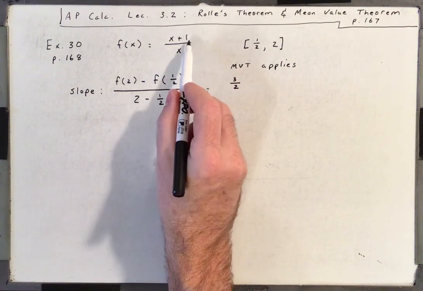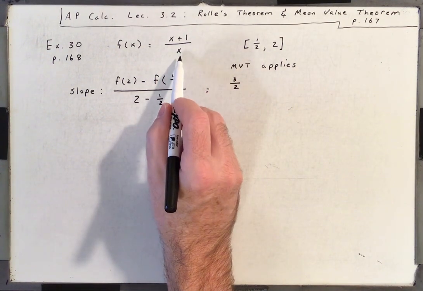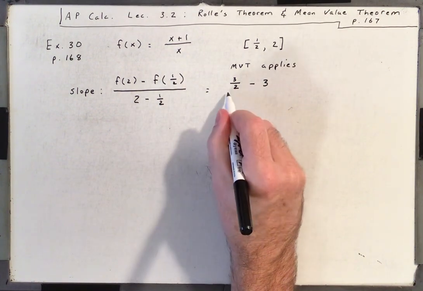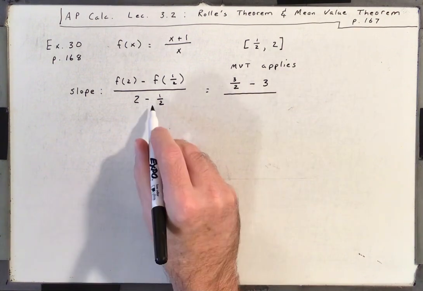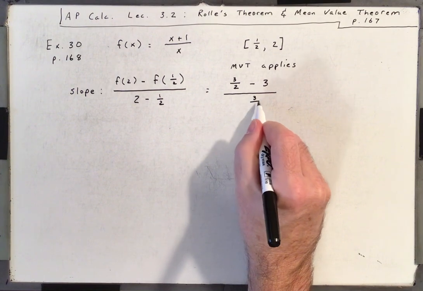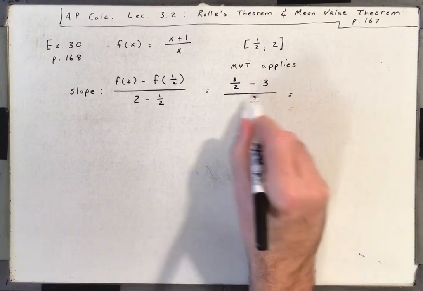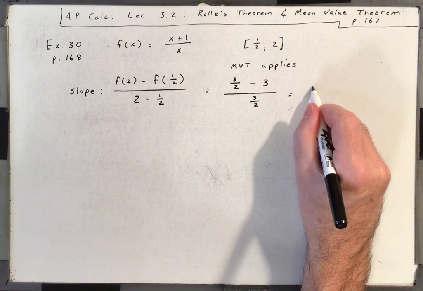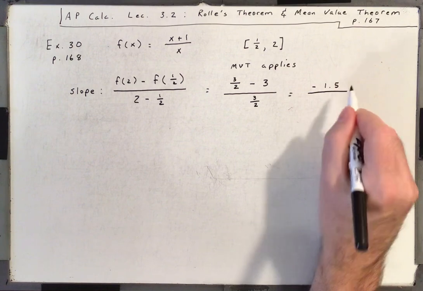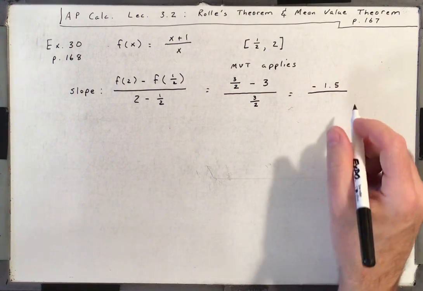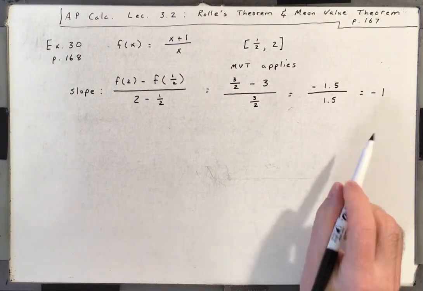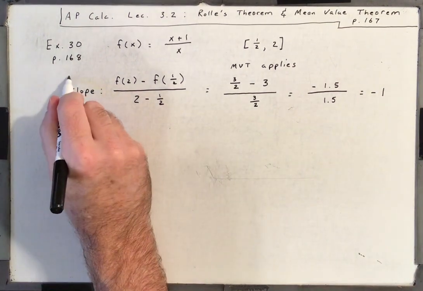F of 1/2, that'd be 1.5 over 1/2. So that's going to be 3. And then 2 minus 1/2 would be 3/2. So 3/2 minus 3 is negative 1.5, or negative 3/2 over 1.5. So that's negative 1. That's the slope of the secant line.